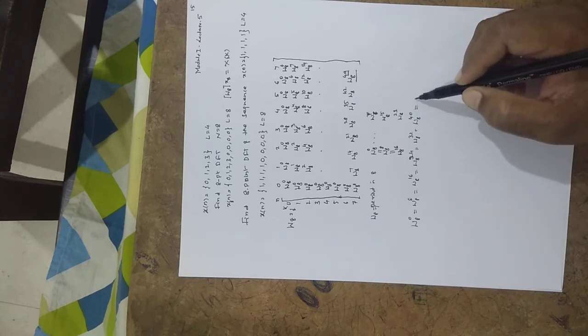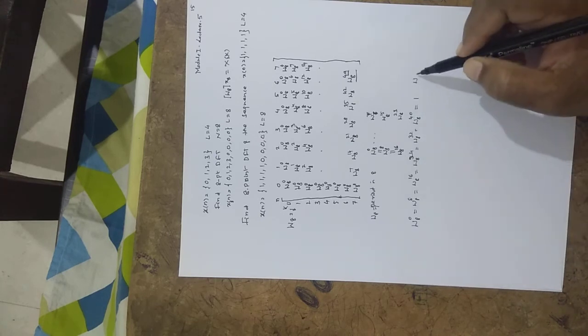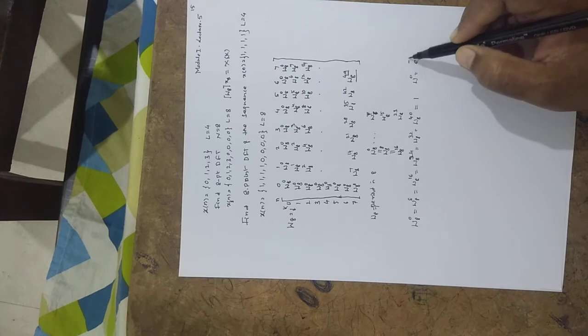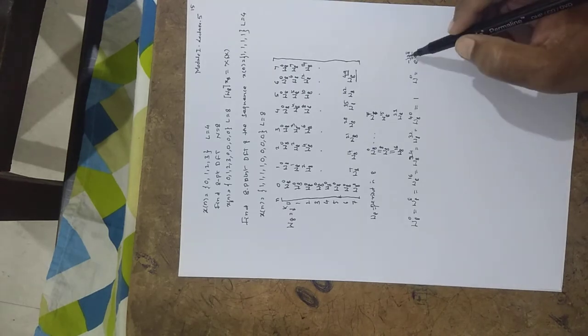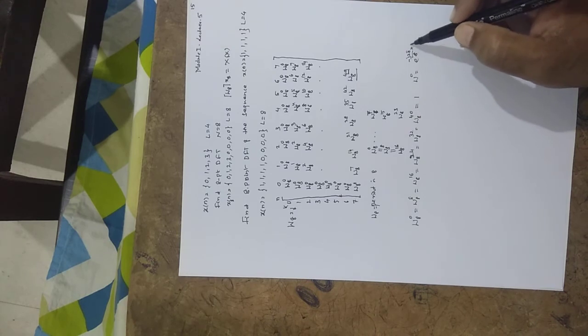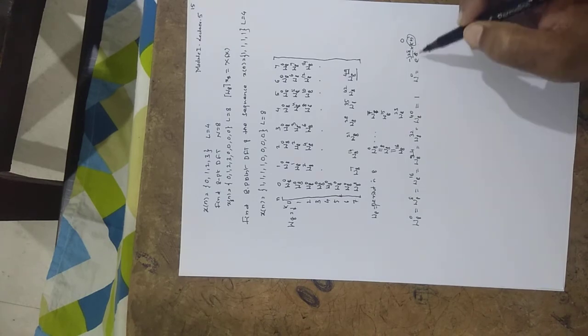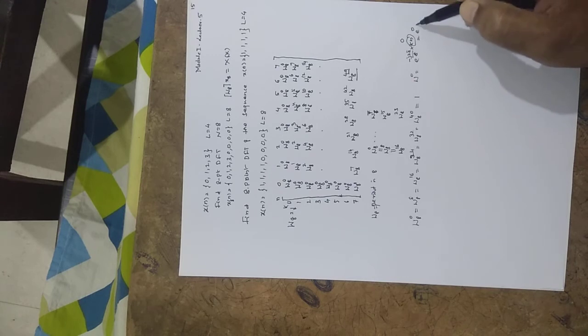This value is 1 because W is replaced by e to the power of minus j 2 pi by N, where N is 8, multiplied by k into n. This kn value is 0. So this becomes e to the power of 0. This is 1.